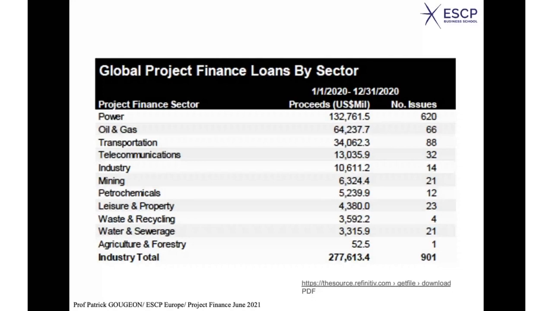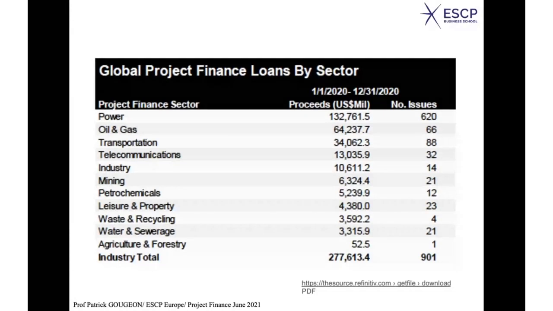So altogether, the total being 277. The energy industry represents more than two-thirds of the funds invested using project finance schemes. And as we'll see, I will take a few examples in Vietnam. Most of the examples in Vietnam also correspond to this aspect, with a lot invested in power generation.